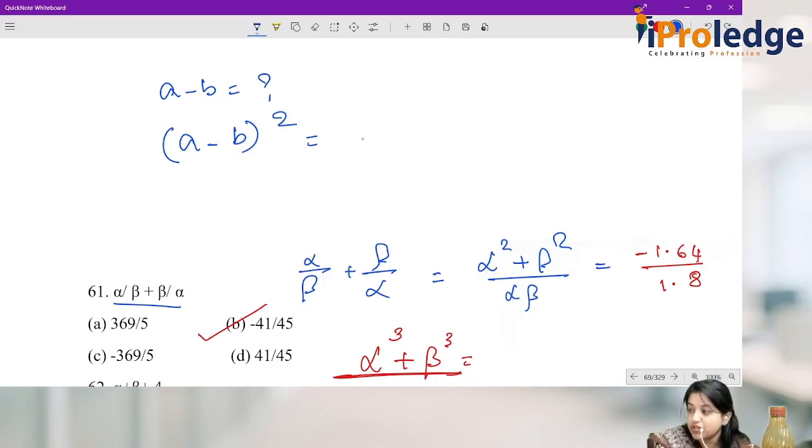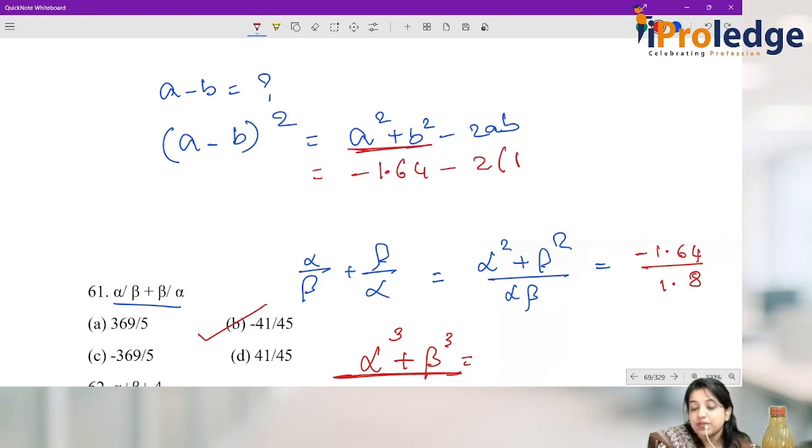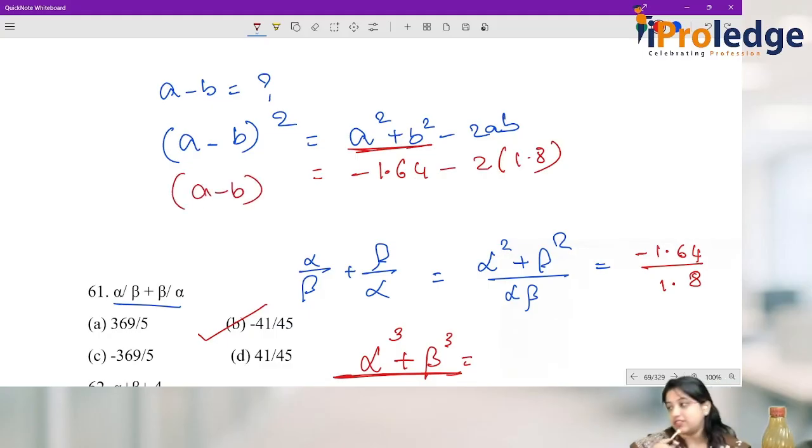What is a minus b whole square? a square plus b square minus 2ab. Already we have a square plus b square, minus 2 into ab. So we get a minus b; take the square root of that. Minus 5.2.